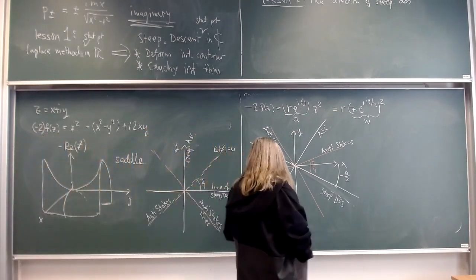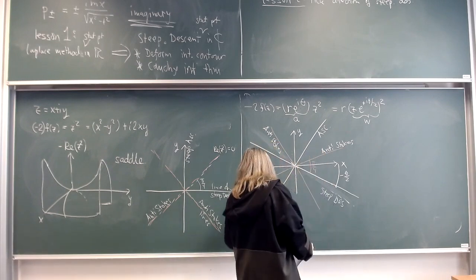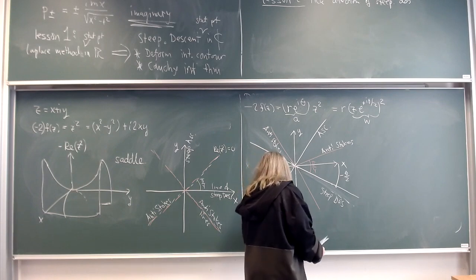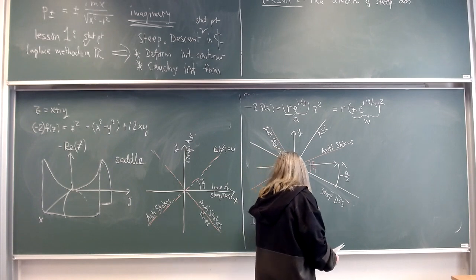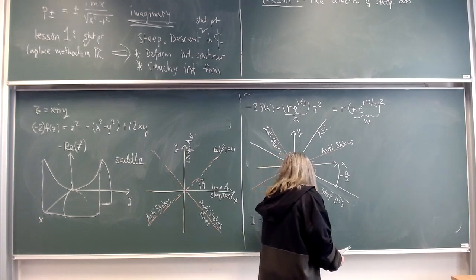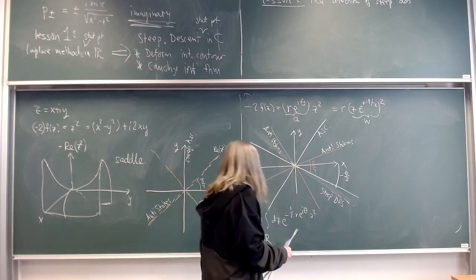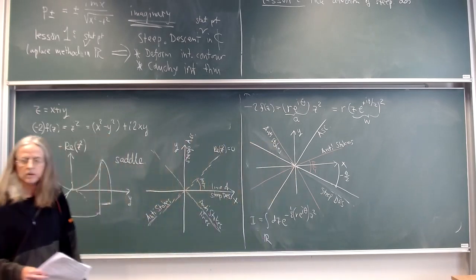And of course the integral we are trying to calculate is something like an integral of e to the minus half r e to the i theta z squared along the real axis. So here, this is the integral we are trying to do.